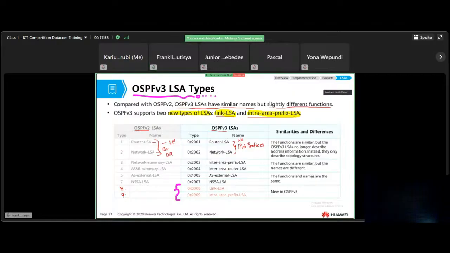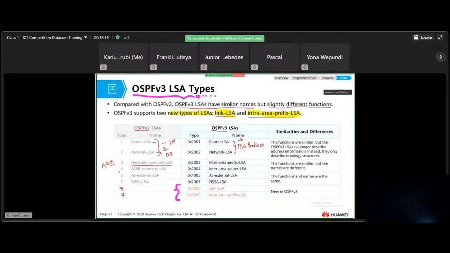Then we have type 3 LSA. In OSPF version 2, we refer to it as the network summary LSA, and it is generated by an ABR, area border router. What does a network summary LSA do?